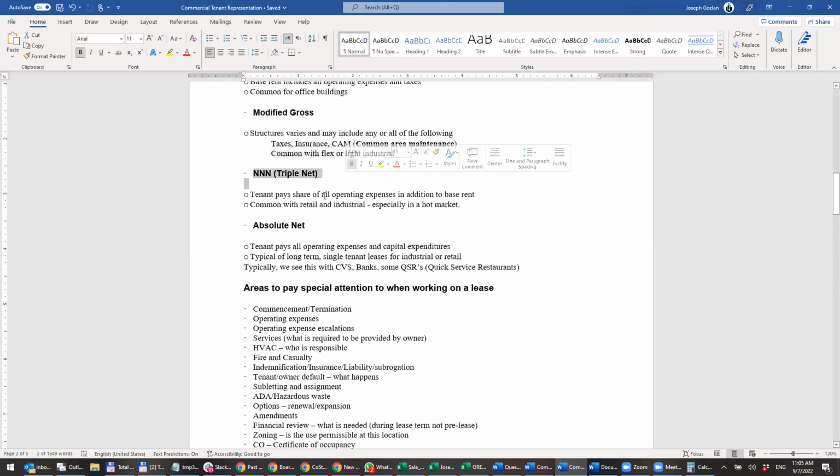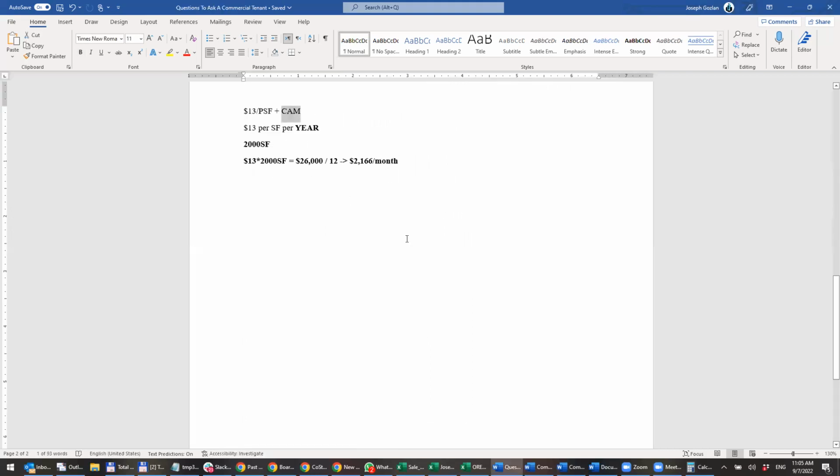A triple net or a double net or whatever it is really helps the ownership recover more costs back from the tenant. So the tenant pays the share of all operating expenses in addition to the rent. How will I see that in the listing? It will say, let's say, 15.25 per square foot plus NN.